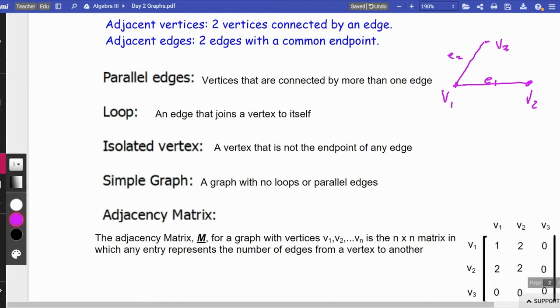Parallel edges are vertices that are connected by more than one edge. A loop is basically an edge that goes to itself. It shares its own vertex. So a loop could be like that. That's like edge 3. Even though it's round, it's still called an edge.